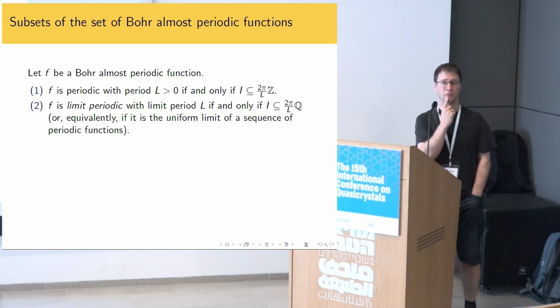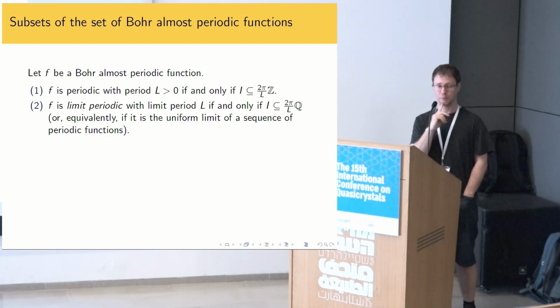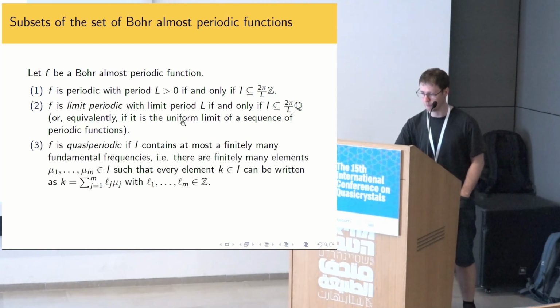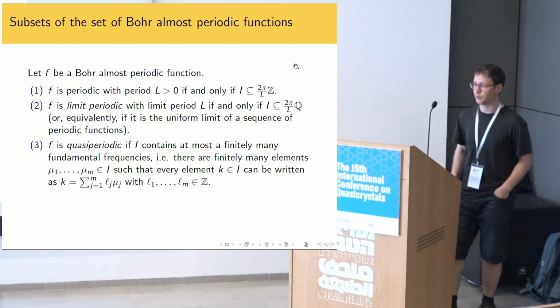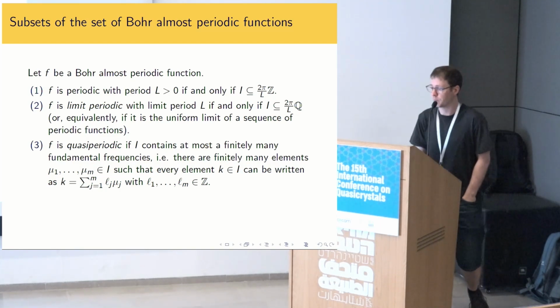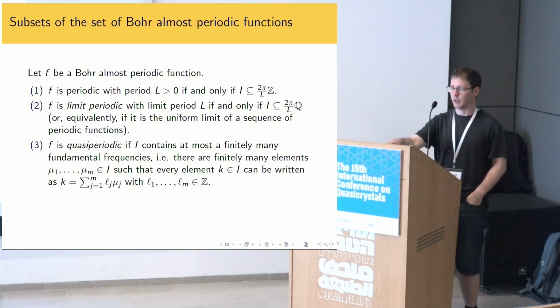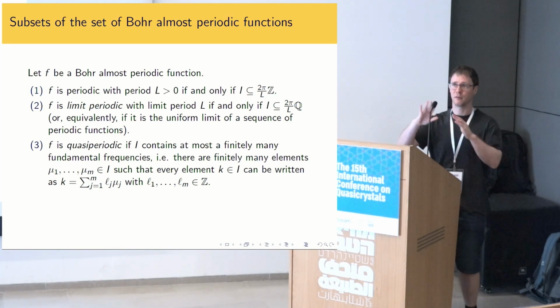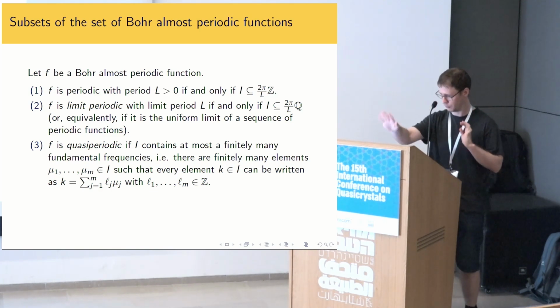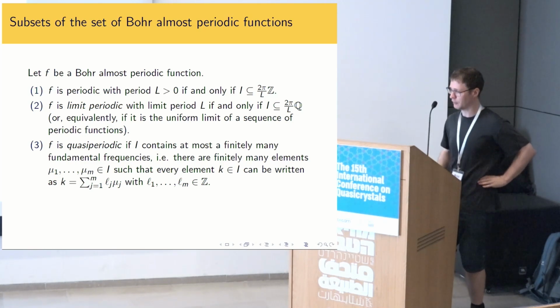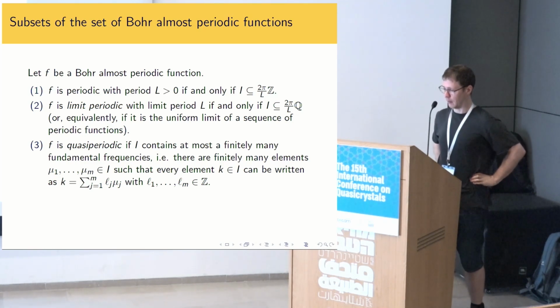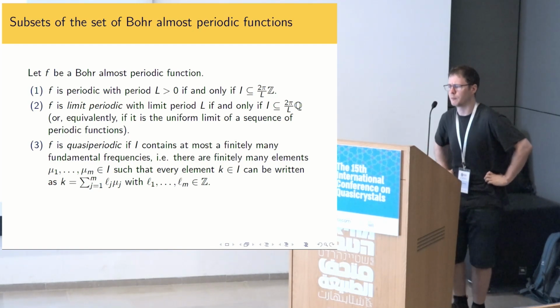We do have more. For example, one notion we already heard in the last talk, quasi-periodicity. One way to describe it is also with the set I. I'll give a couple of examples soon so we can see the difference better, but let me just go through the list first. F is called quasi-periodic if the set I contains at most finitely many fundamental frequencies. What do I mean by this?